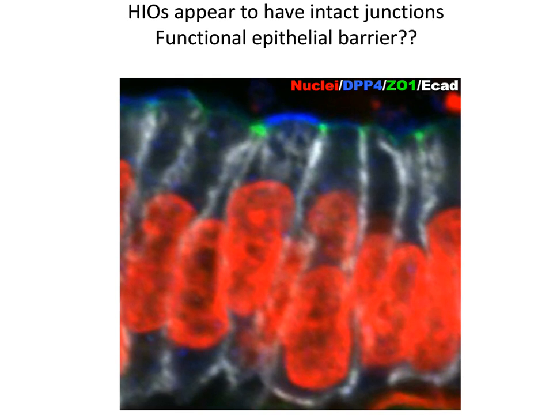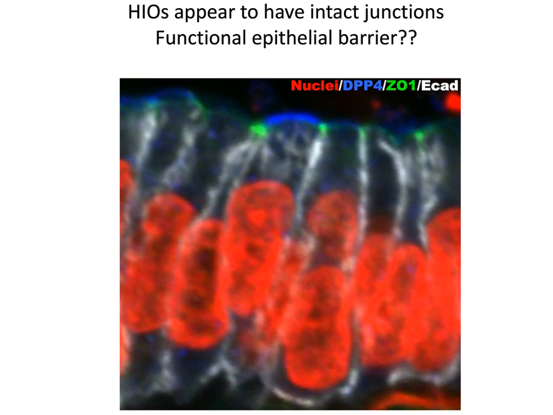You can also see E-cadherin, which is important for adherens junctions for two cells that are adjacent to one another to form a junction. And so this epithelium in these organoids really looked like it should have a functional epithelial barrier, but we really wanted to design an assay where we could test the function of this barrier.